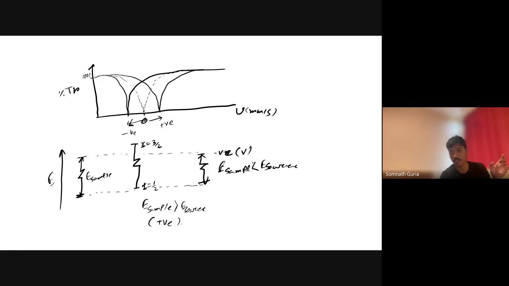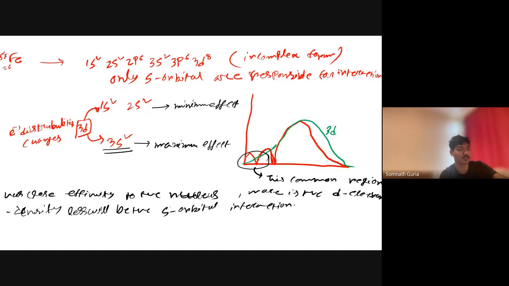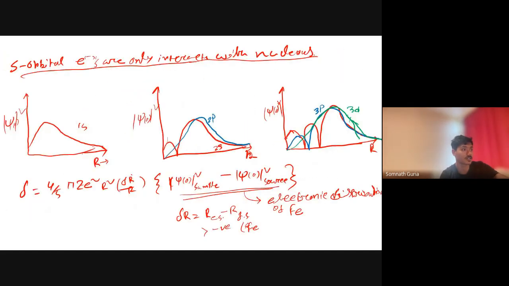The higher the d electron density, the lesser the s electron density, and then my delta value, where this delta value term actually plays a crucial role. But this is less interaction, and this will be my negative value. So this is a lower value, and this is the negative value. That means it is a lesser negative value.